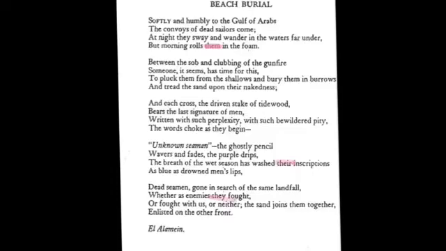As enemies they fought, so now we're looking at the other side, or fought with us, or neither. So there's us and there's them, and there's them who are on the other side, establishing some sort of connection or disconnect between the speaker and the other characters in the story.